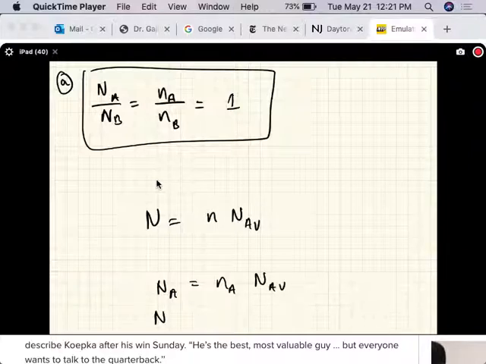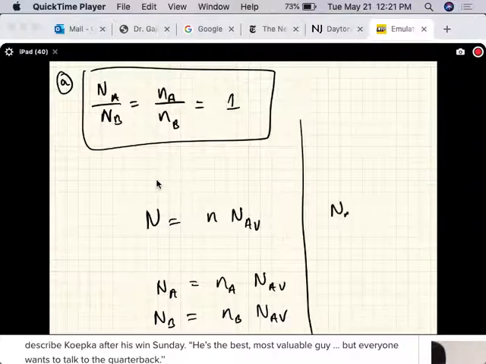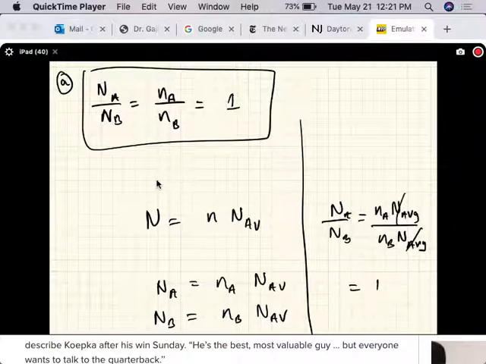The number of B atoms is the number of moles of B times Avogadro's number. And since Na by Nb, the Avogadro number cancels, and that's equal to 1. All right, that solves that problem.